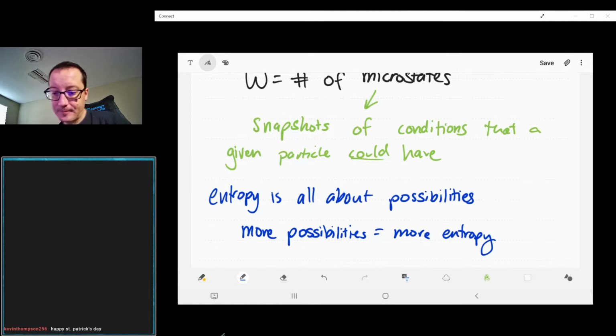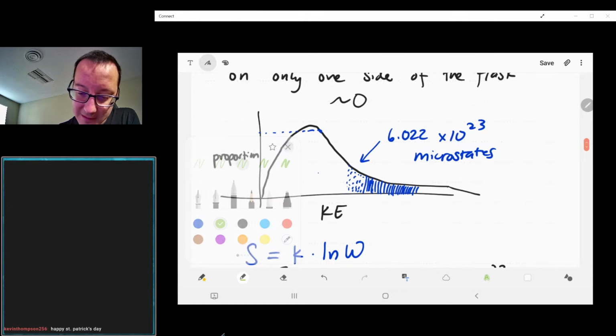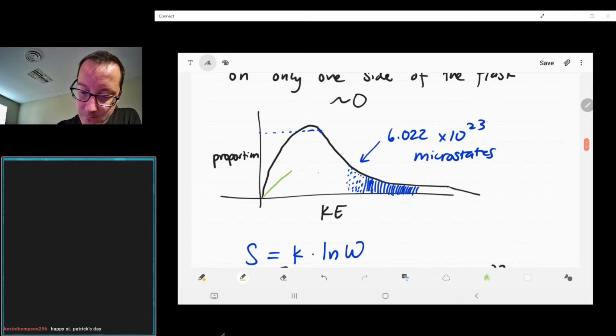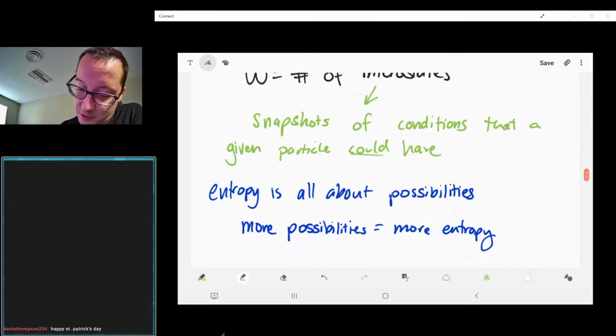For example, we know that if we increase the temperature, we shift the graph over, right? That will give us more microstates. We end up moving our graph over, but we still have that little bit at the start. So we just have more microstates at higher temperature.